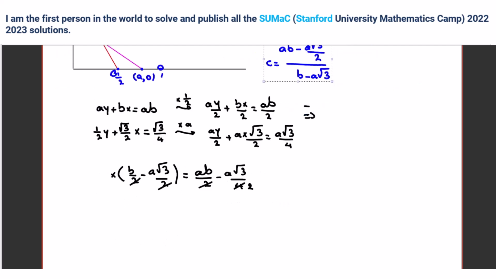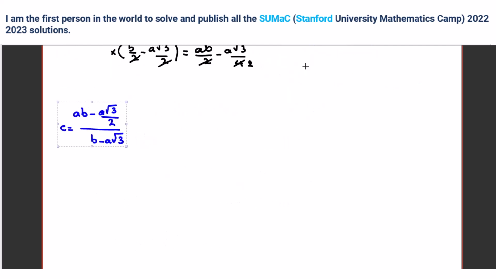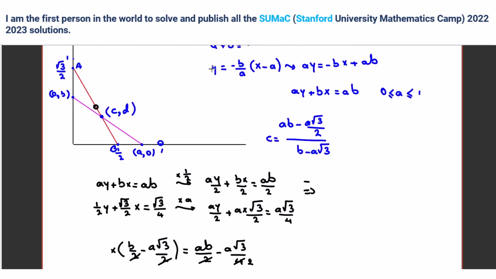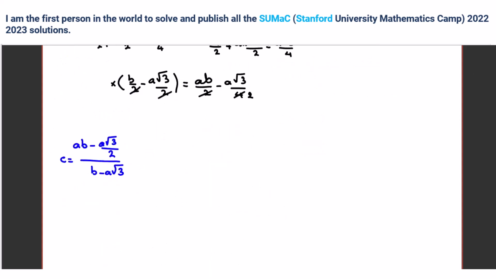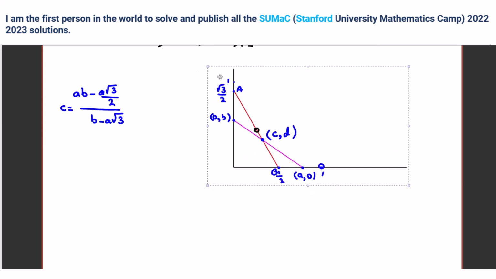It means that, let's consider different a's and b's. If you consider, for example, a equals 1 half, and then b equals root 3 over 2, right?